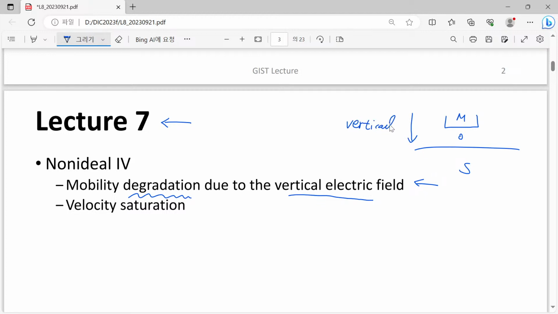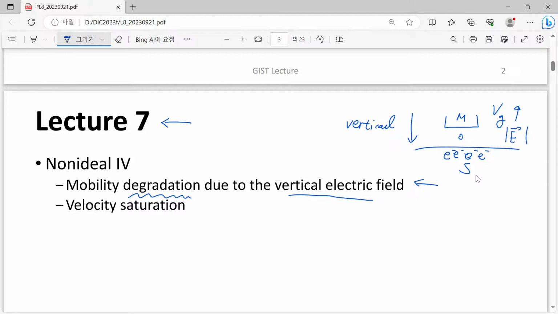And if we introduce higher and higher gate voltage, then electrons are more gathered underneath this oxide layer. So if we have high gate bias, it means that the magnitude of our vertical electric field is increased.